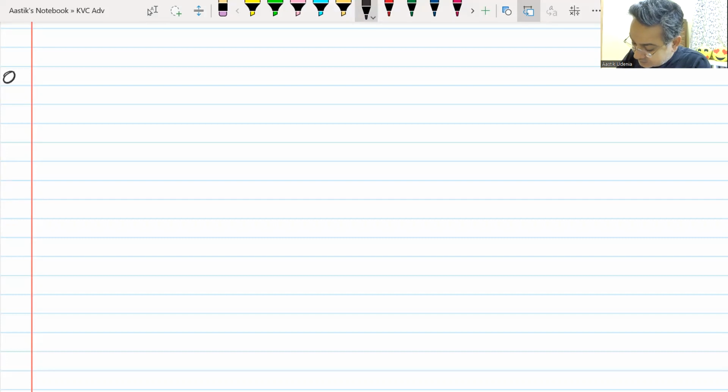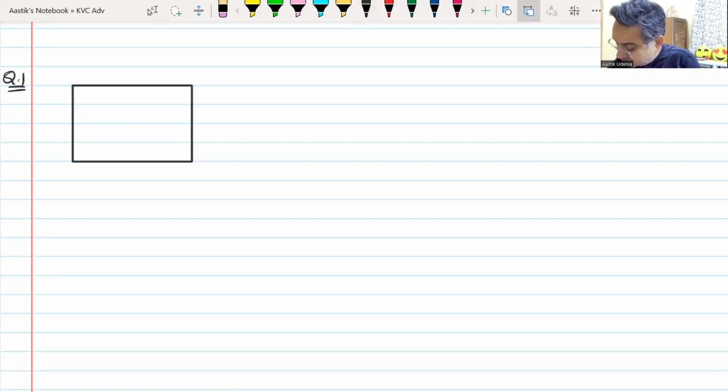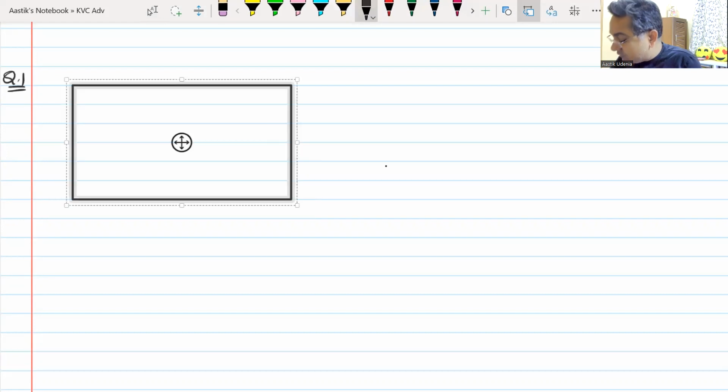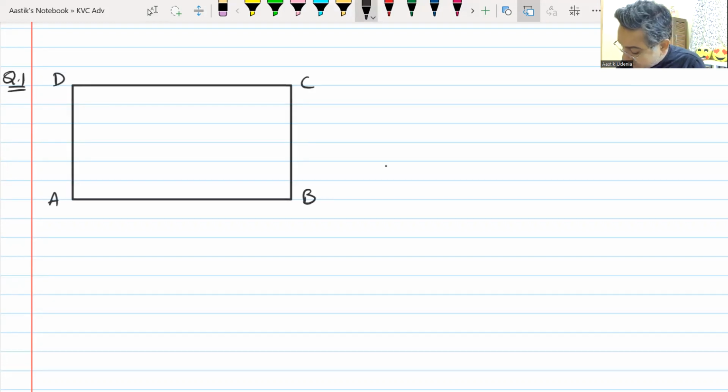Now let us see if you can solve this question. We have a rectangular loop of wire ABCD. This wire carries a current I. It is placed in a magnetic field which is going inside.